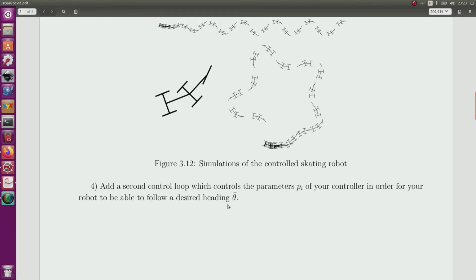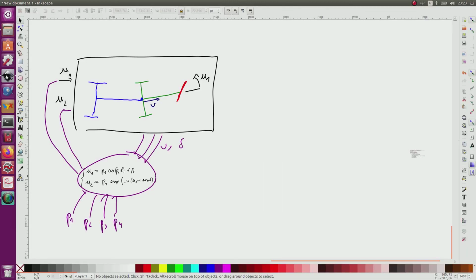For the last question, I have to add another control loop to tune the parameters so that the system goes with a desired heading theta bar. So I already have this system, and we have seen before that the bias used in the control, this one here, P3, can be used so if it is positive, I will turn left.